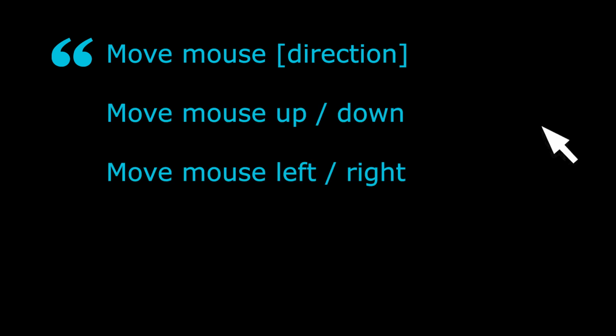You can move your mouse pointer continuously by using the command move mouse followed by the direction. For example, you can use the command move mouse up, move mouse down, move mouse left, and move mouse right.